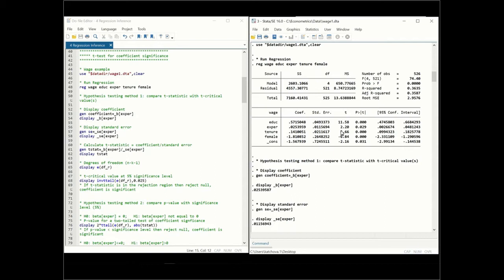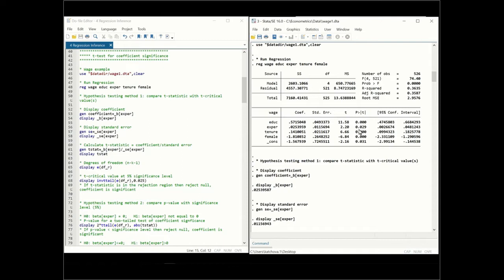So this t-statistic that we see here is calculated as the coefficient divided by the standard error. This is the p-value associated with this t-test that we see here. And basically this is the probability from the t-statistic to the closer rejection tail, times 2.